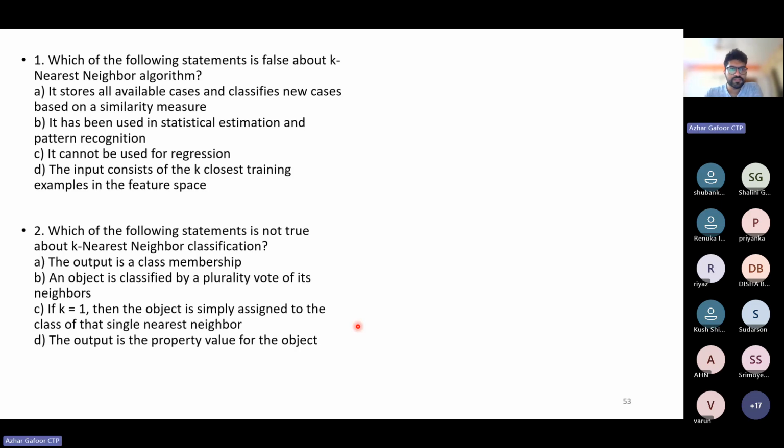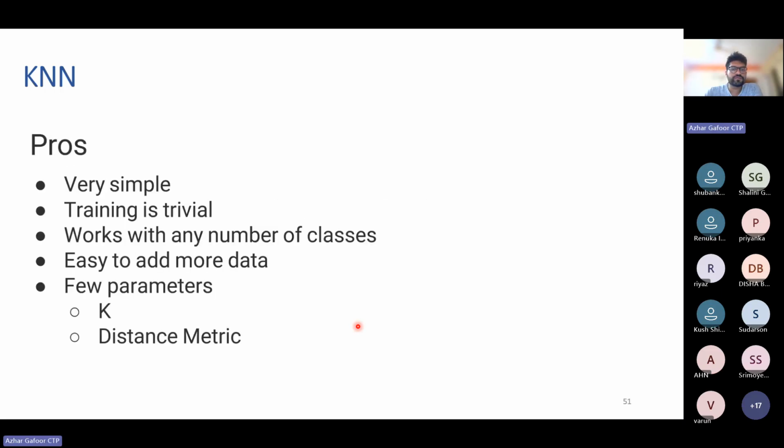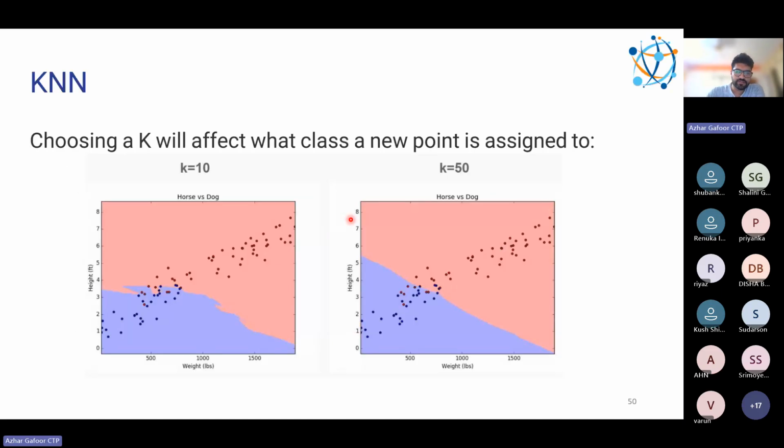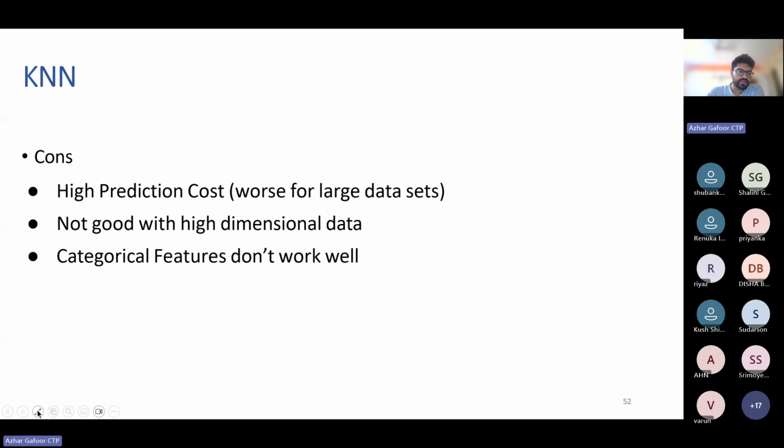Just some questions. Sir, for the categorical features, can't we use any encoding scheme here and then do it? Let's say we have some categorical data, then we use encoding. What encoding will we use? One hot encoding. So it's all 1s and 0s, and all the points will be at either end, so there is no meaning.